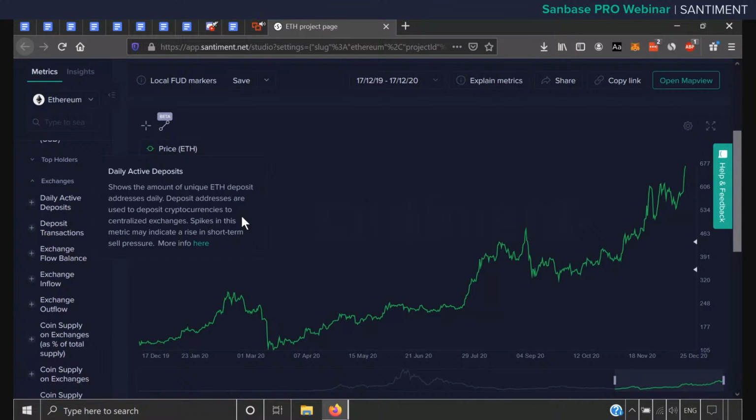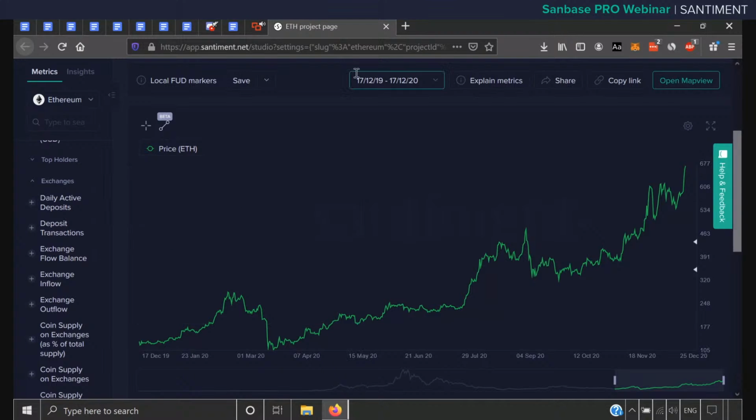So daily active deposits is a metric that shows the amount of unique coin deposits to deposit addresses daily. So what are deposit addresses? Let's start with that. Essentially, when you are sending funds to exchanges, in this case Ethereum, that Ethereum doesn't immediately or directly go to a hot or cold storage of a particular exchange.